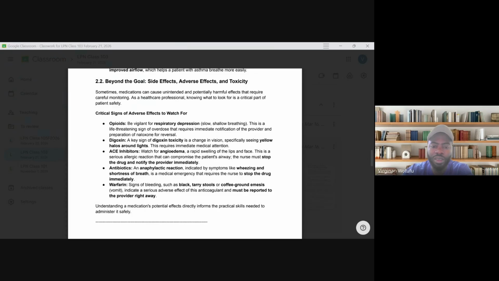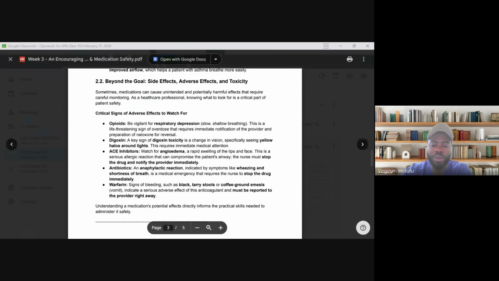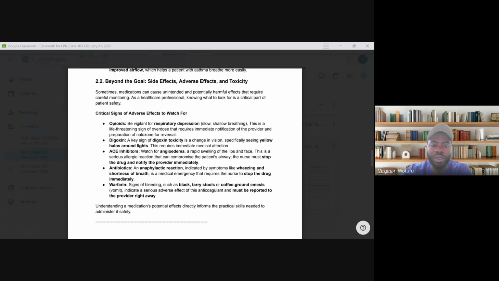Respiratory depression and constipation are both effects associated with opioid medications, but one is an adverse effect and the other is what? Side effect. Respiratory depression is an adverse effect, constipation is just a side effect.